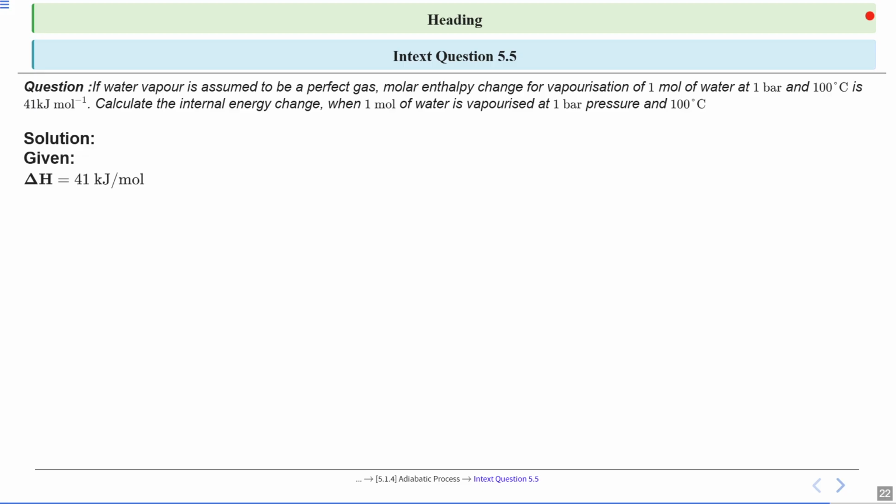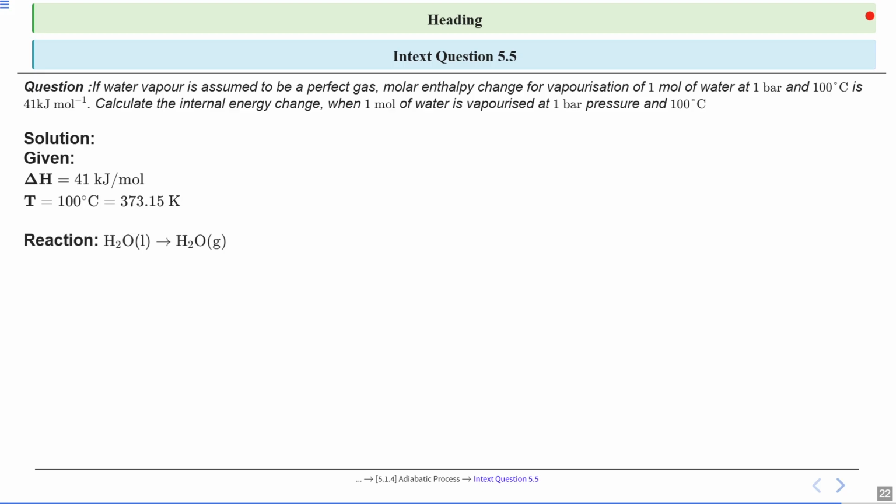So this is the enthalpy change during the process. And what is the temperature change? You are staying at 100 degrees Celsius, so there is no temperature change. It is all happening at 100 degrees Celsius. So you can write the temperature as 373.15 Kelvin.